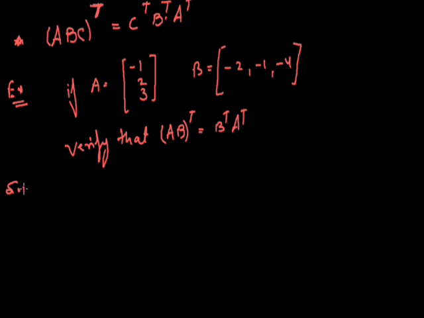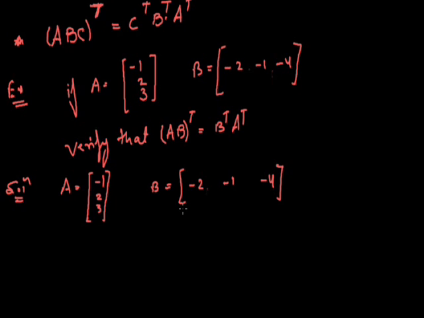Now let's see the solution. A is -1, 2, 3 and B is -2, -1, -4.